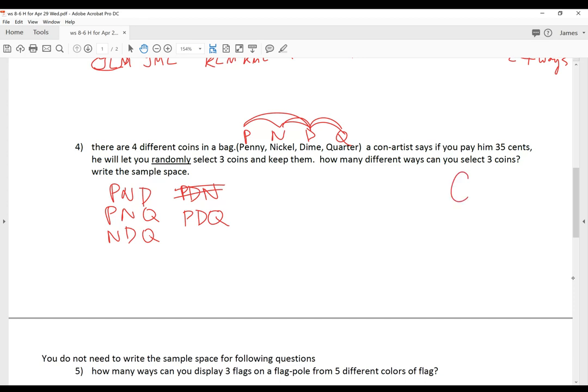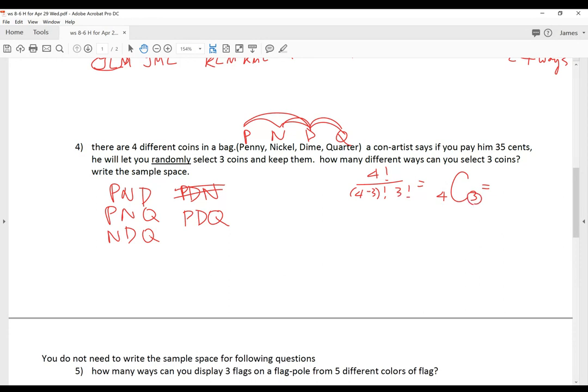So you're still filling 3 spots, 3 coins, but you have 4 different kinds of coins to fill it with. So there's 4 things, and you choose 3 of them. So in the formula way, this is 4 factorial over 4 minus 3, which is same as permutation, but you also add 3 factorial at the end, the last number.